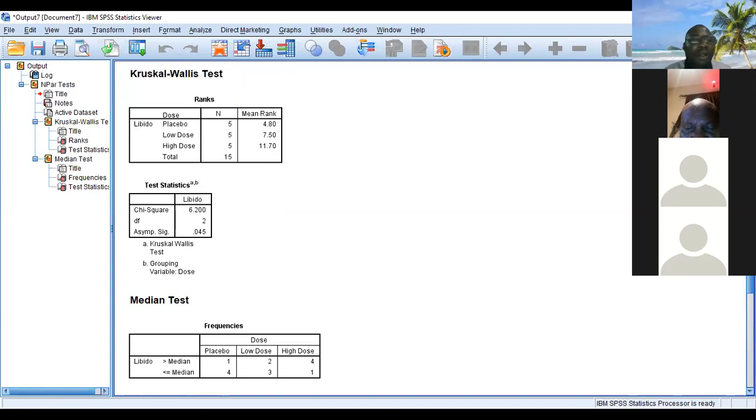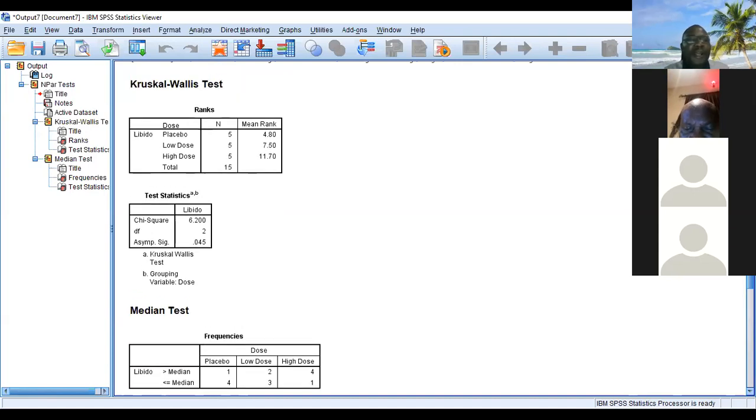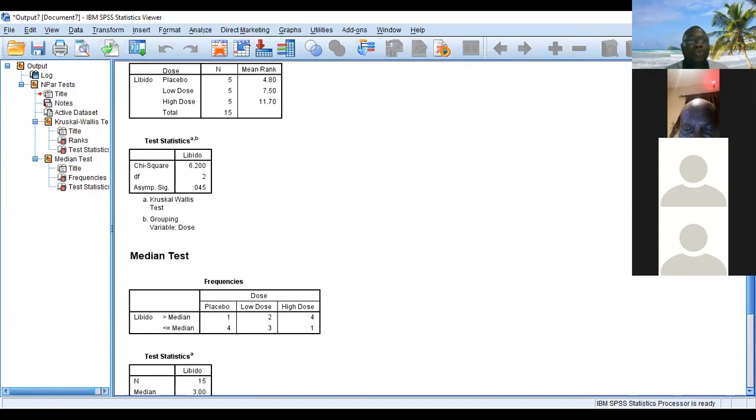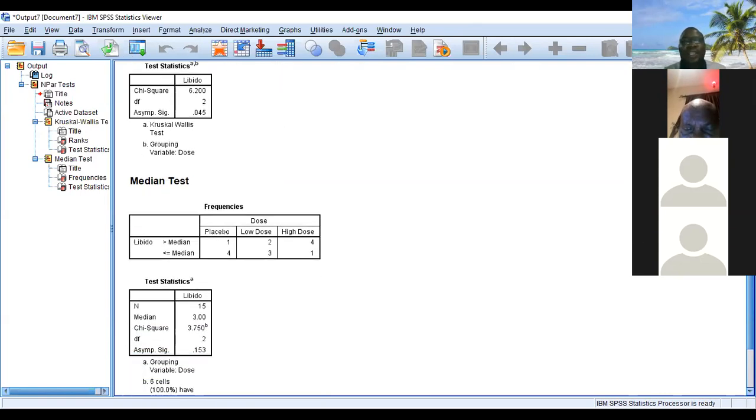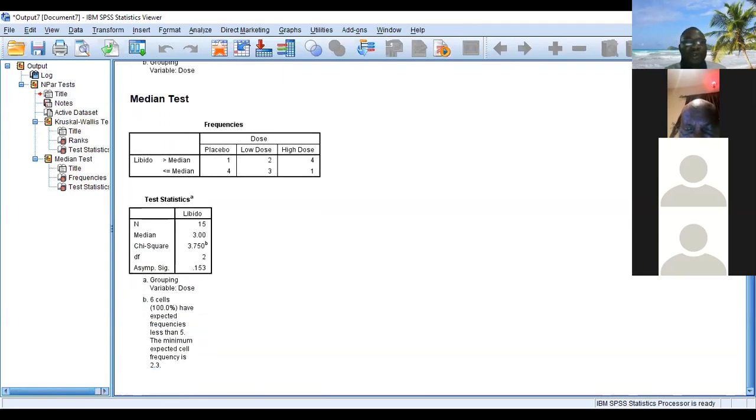For this one also the degree of freedom is 2, but the chi-square is 3.752. It will not even be significant with a degree of freedom of 1, because the critical value is 3.84. So it's not significant with the median test.